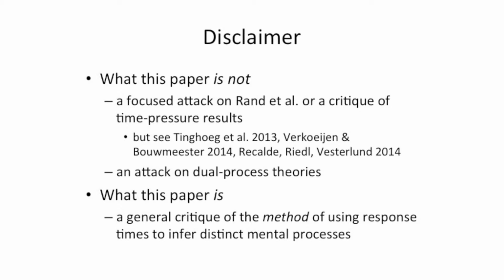Kahneman has laid out a lot of settings where there is good evidence for them. But the question is, does dual process theory apply in social decision making? So this paper is a general critique of the idea that you can use response times to infer distinct mental processes. It's really a methodological point.